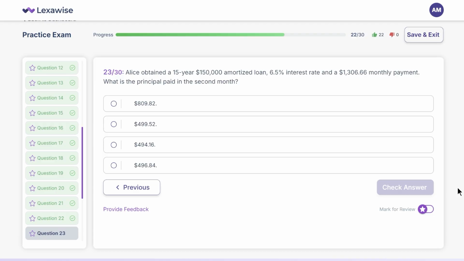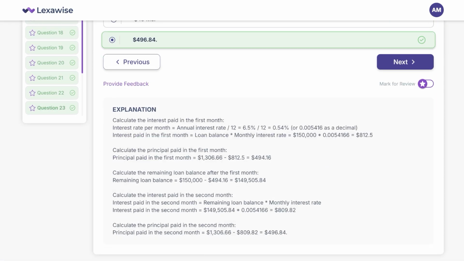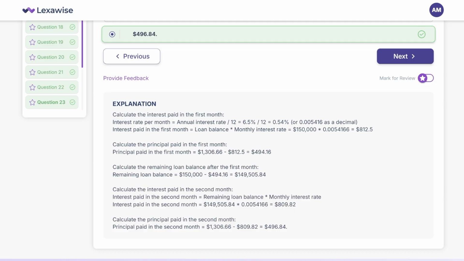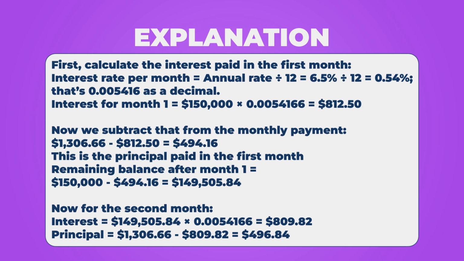The correct answer is D. $496.84. Let's break it down. First, calculate the interest paid in the first month. Interest rate per month equals annual rate divided by 12 equals 6.5% divided by 12 equals 0.54%. That's 0.005416 as a decimal.